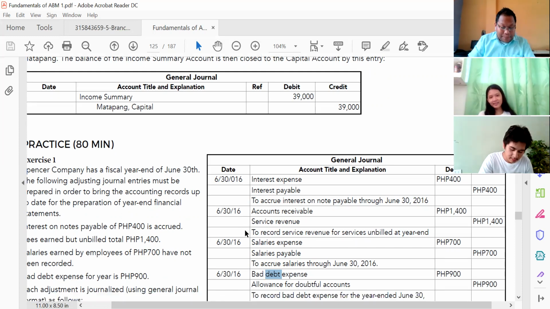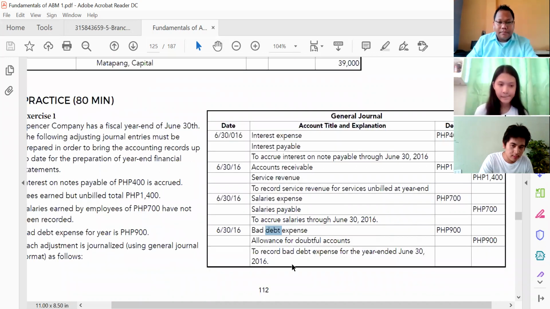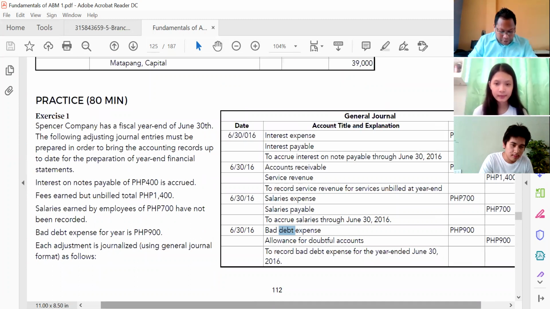Let's now go to the second part, the computation of depreciation. What's the depreciation expense for number one?